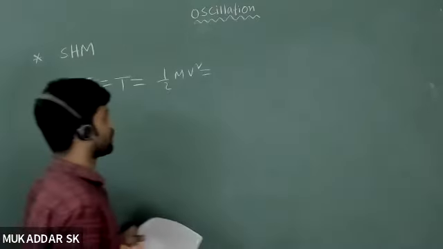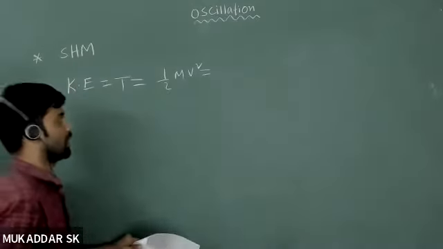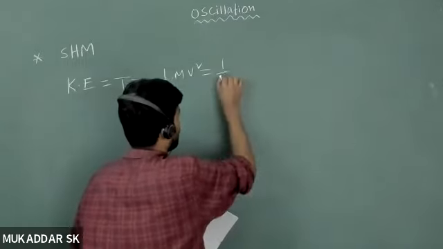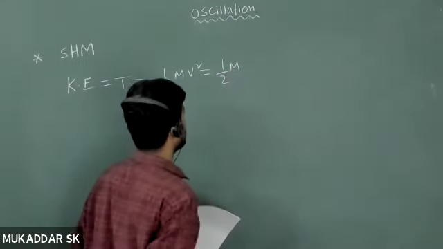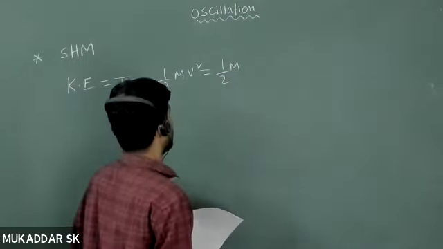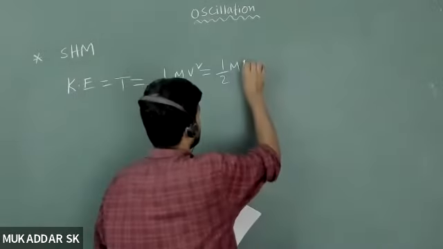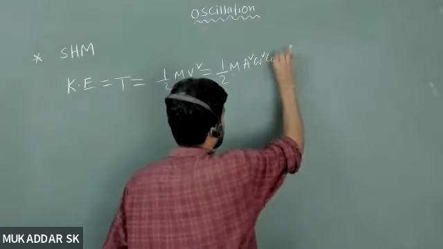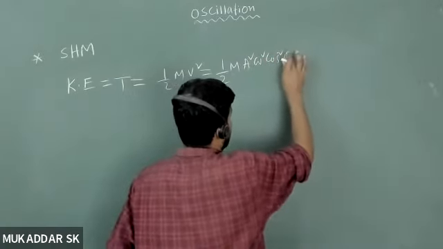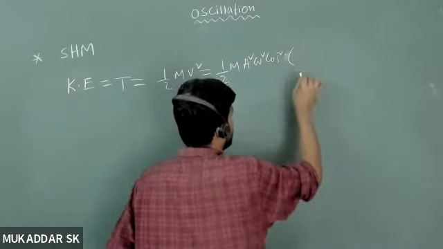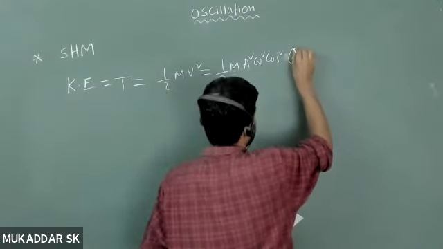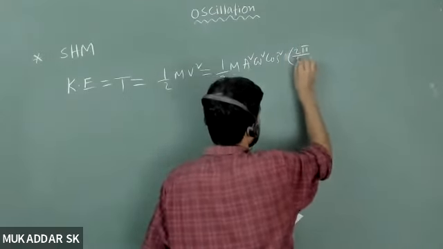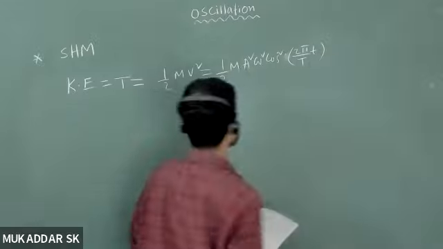If you substitute this, v equals how much? A omega cos omega t. So it will be half m, and in place of v you substitute A omega cos omega t. So obviously you will get A square omega square cos square omega t. And I'll write omega again in terms of time period: 2 pi by capital T, then you will have small t.